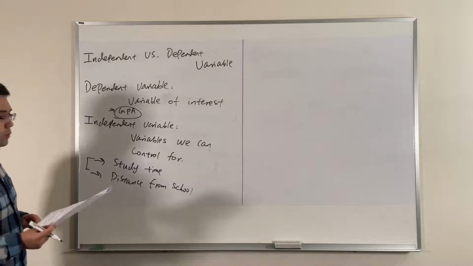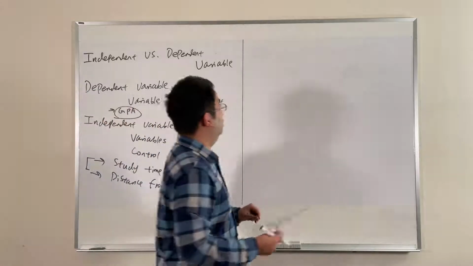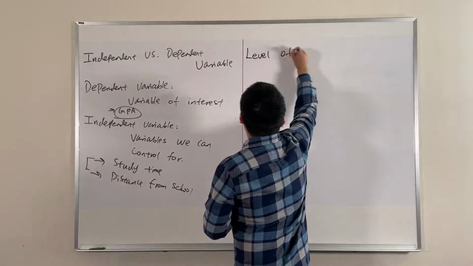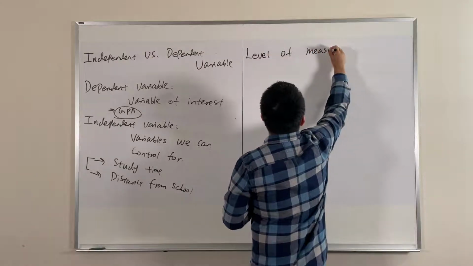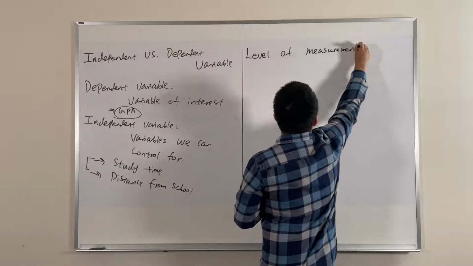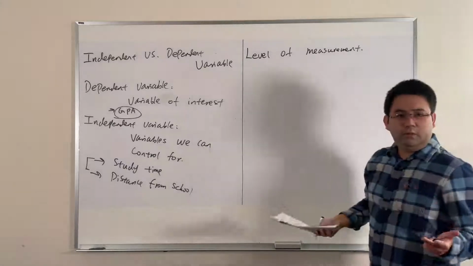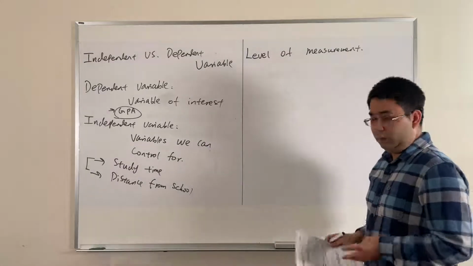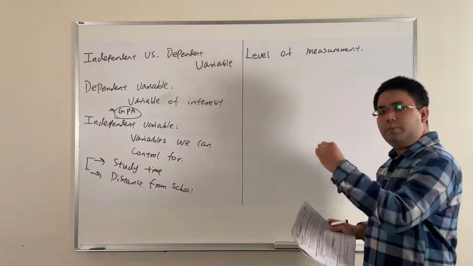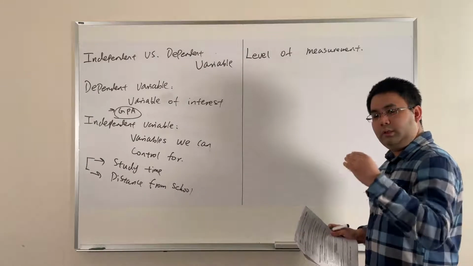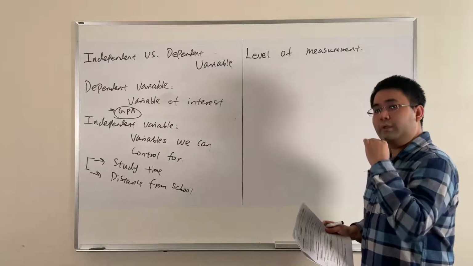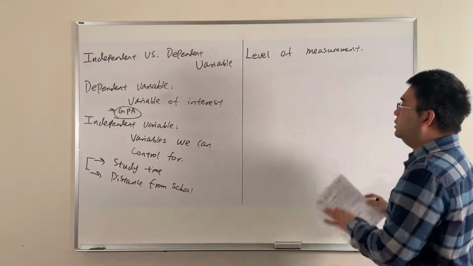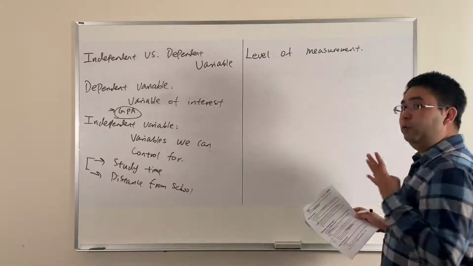Next, I want to talk about the level of measurement. So our variable, or the data that we are working with, tend to be separated by different levels depending on the nature of the data or the nature of the variable. And usually for the purpose of this course, we have four types, right?